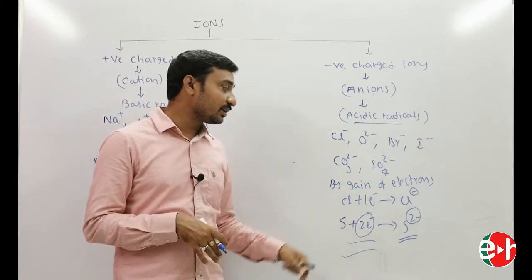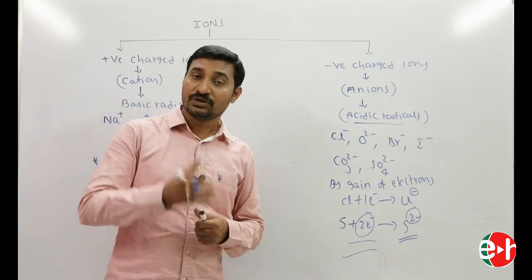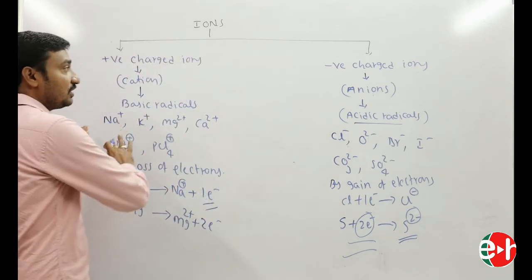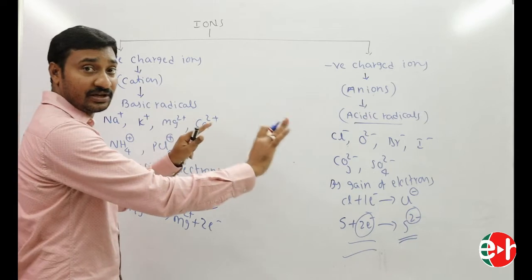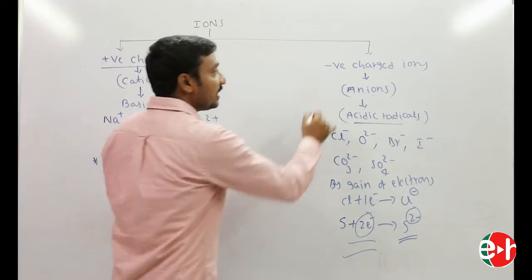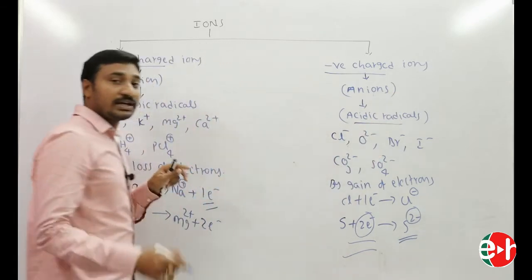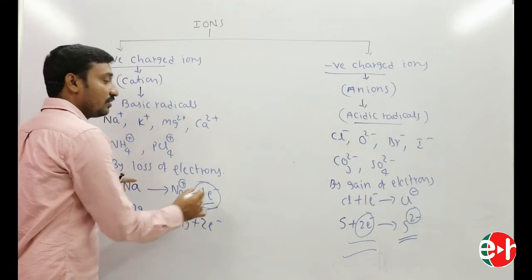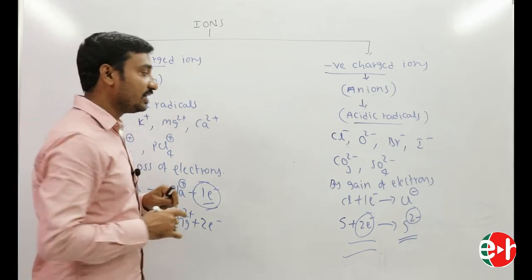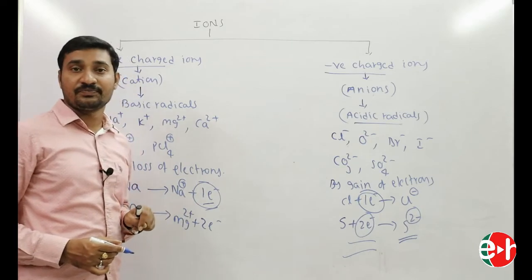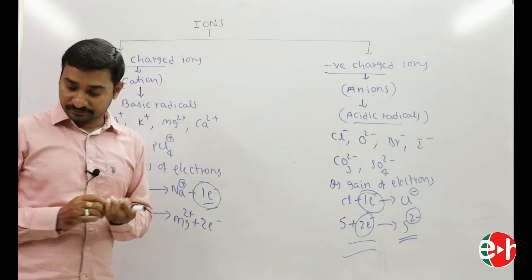If it gains two electrons, two negative charges are formed. Now you understand the difference between cation and anion. Cation means positively charged ion; anion means negatively charged ion. Cation is formed by the loss of electrons; anion is formed by the gain of electrons.